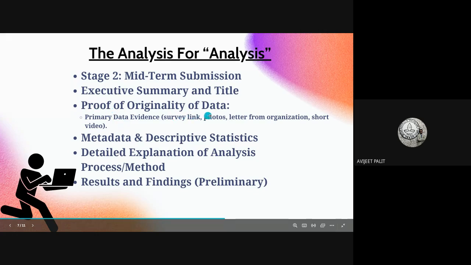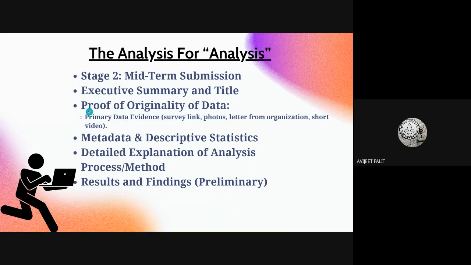Obviously, you should not put proof of originality in the executive summary; it is not required. It's only about 3 to 4 lines. In the proof of originality you should put only links, like the survey link if you conducted any survey, and some photographs of the business to establish that you are actually working with the business and not fabricating the data set. Also a letter from the organization establishing that they consent to sharing the data set and to this research being conducted on their business.